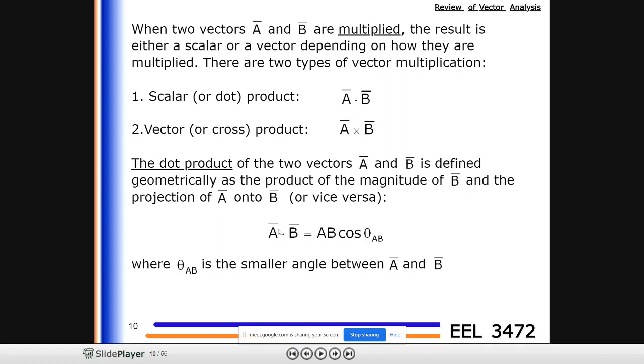Okay, fine. If two vectors have the same direction, let's take this A vector dot B vector only. A vector has the same direction as B vector. What is the dot product of the two vectors? Both directions are the same.